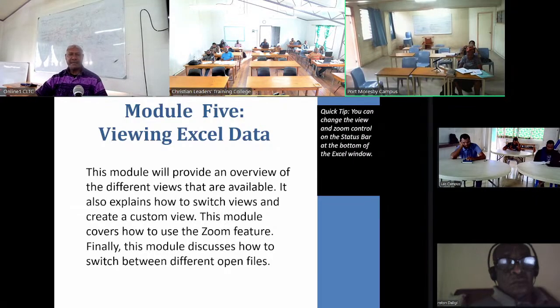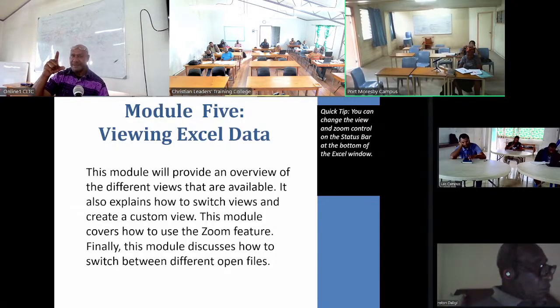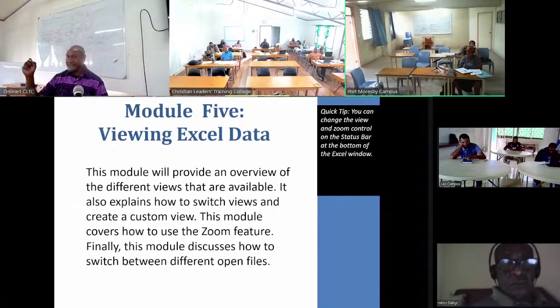Excel data. Where do you view Excel data? In a spreadsheet, and particularly in the cell. Spreadsheet is your worksheet. What's it called in Excel? Sheet. Then you can call them sheet 1, sheet 2, and sheet 3.